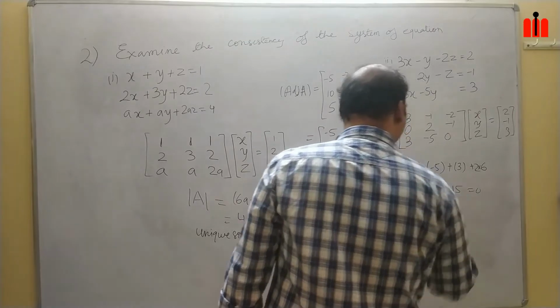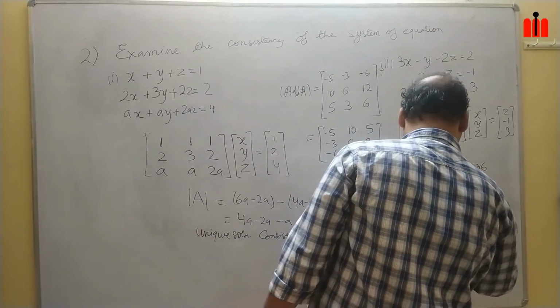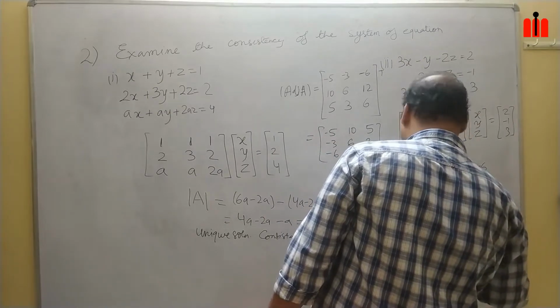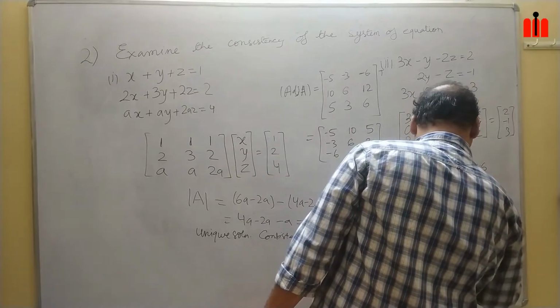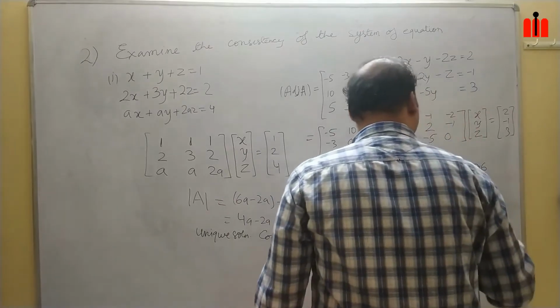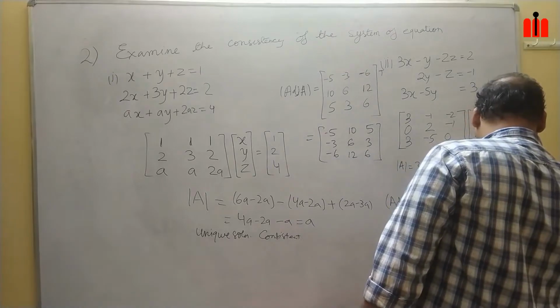B is our constant matrix, 2, minus 1, 3. So it will be minus 5, 10, 5, minus 3, 6, 3, minus 6, 12, 6, and my constant matrix is 2, minus 1, 3.